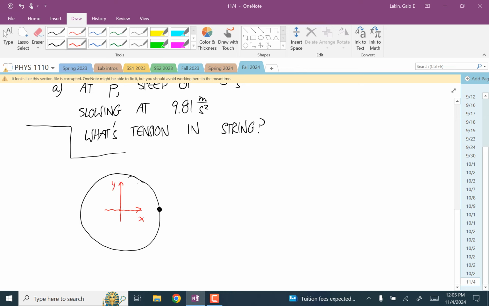Now I'm going to draw the velocity vector, and the tangential acceleration based on whether it's speeding up or slowing down. Is this speeding up or slowing down? Slowing down, so the tangential acceleration is opposite the velocity. The centripetal acceleration is always toward the center.